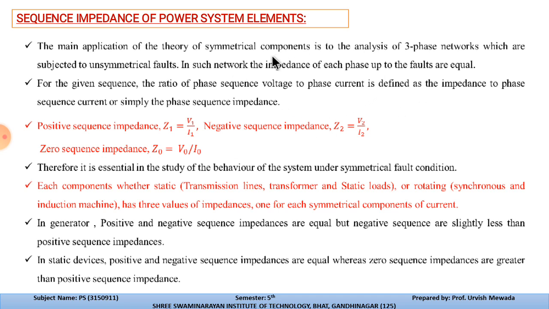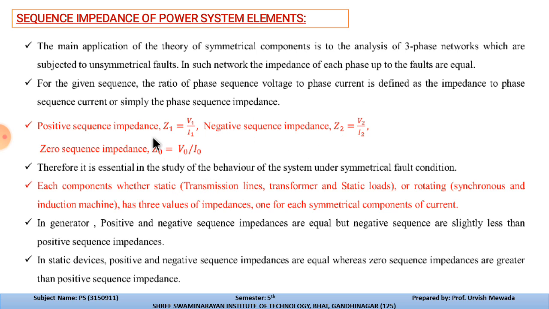Therefore it is essential in the study to check the behavior of the system under fault conditions. Whenever a fault arises, all the element parameters will change, so we need to check the behavior of all the elements at the time of the fault. Here we are talking about the whole power system, in which we have different types of elements.